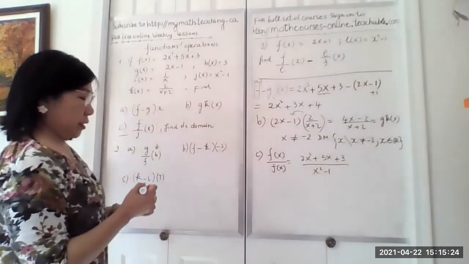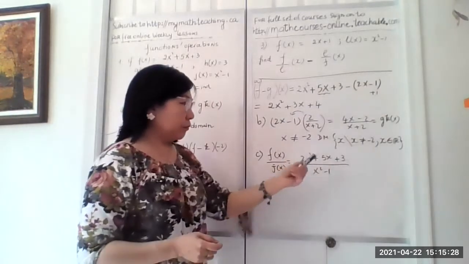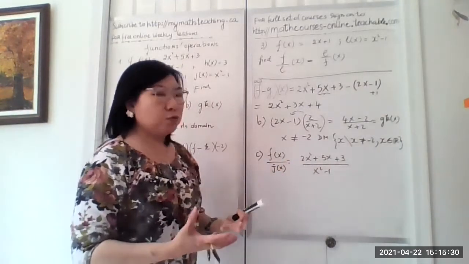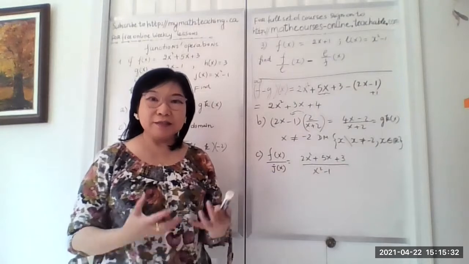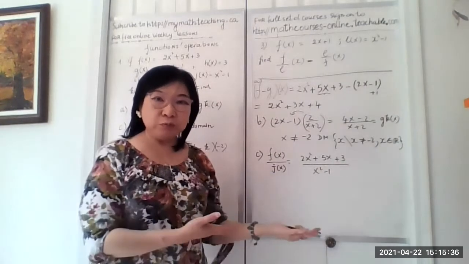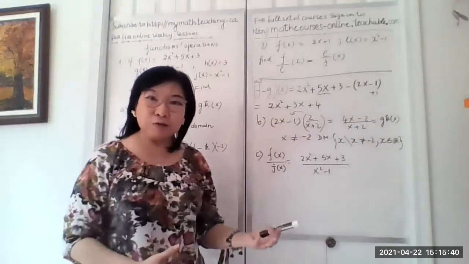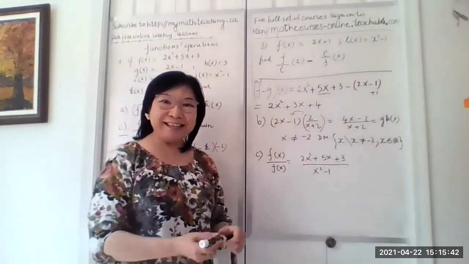So we'll divide this. When we have a function like this, we try to simplify the expression if we can. If we cannot, then we have to leave it the way it is. But let's see if we can factor it and simplify it, right?